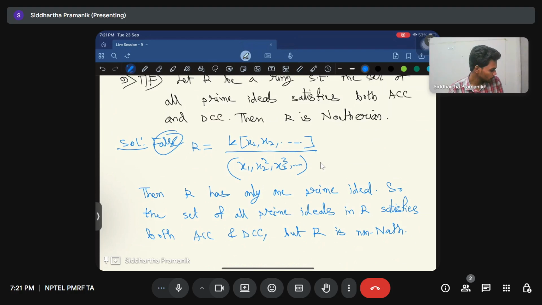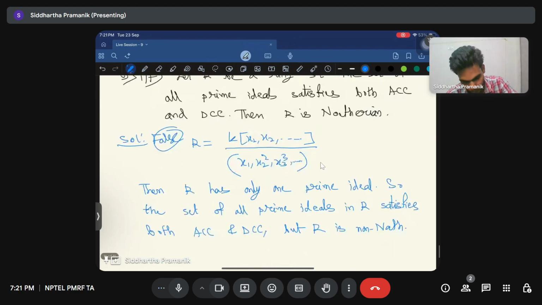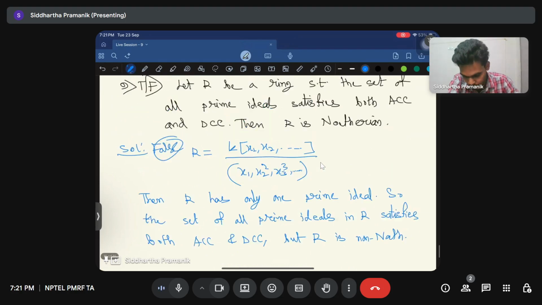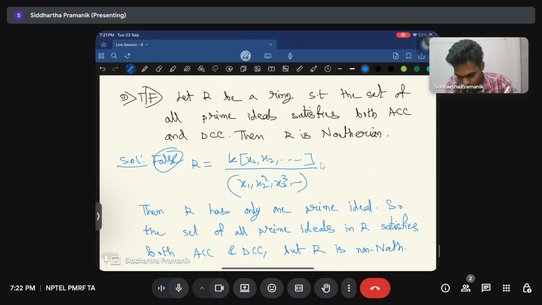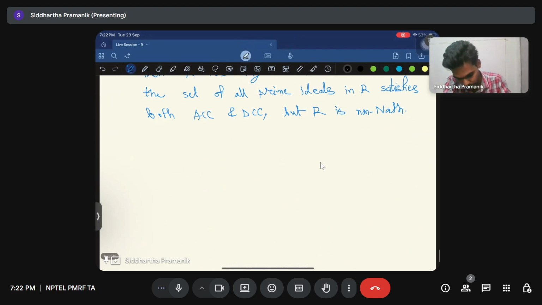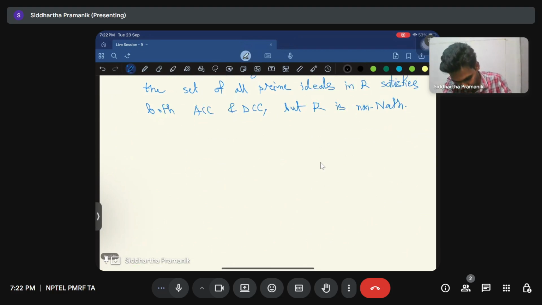Okay, so to do the next problem, we need to state one theorem. I think it has not been done in the lectures. So let's do it here because it is important.